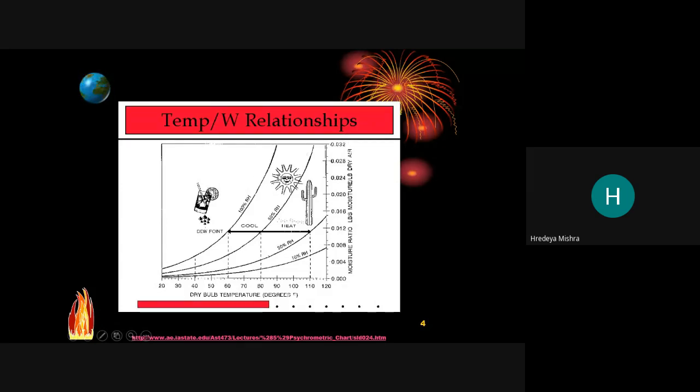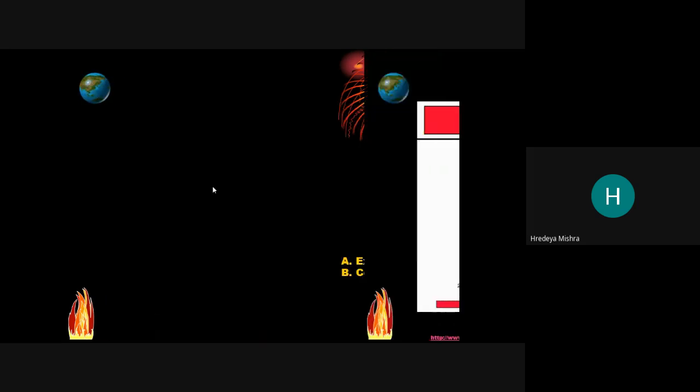So see here, this is the dew point, meaning sweating starts here. So to avoid the humidity, we just use drinking cold water. Are we going to find a cool area?